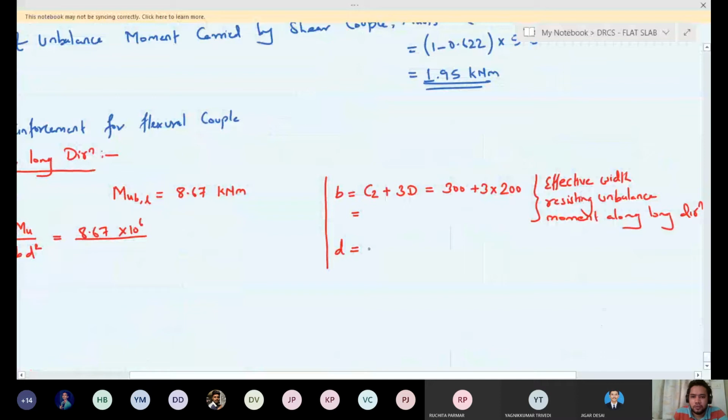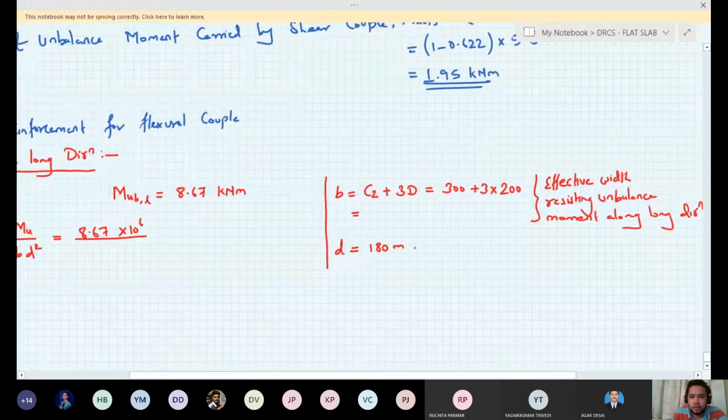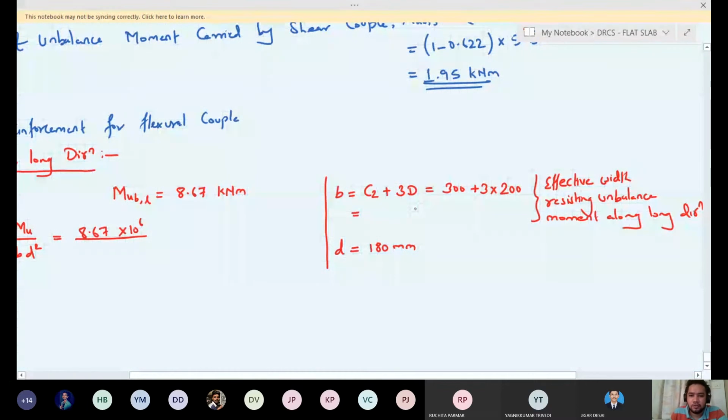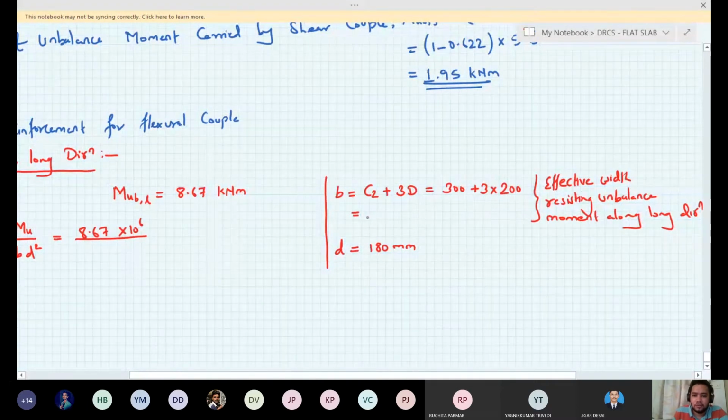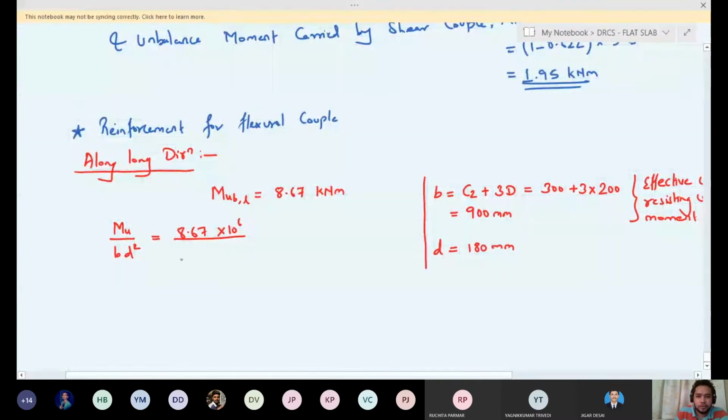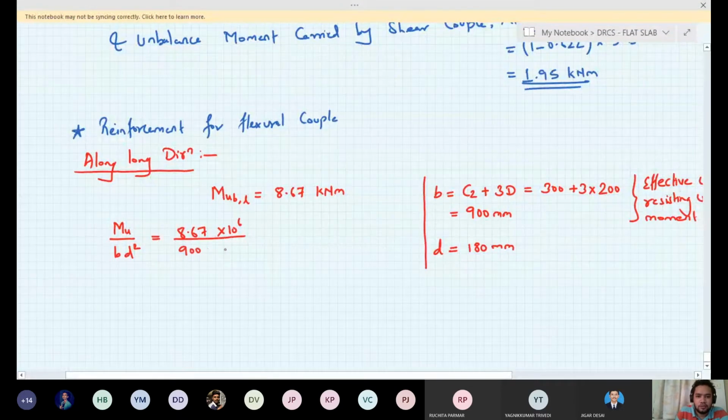So this will be your 180 mm. Now how much is this value? 300 plus 600, so it will be 900 mm. You substitute these values here: 900 into 180 square. So how much is this?